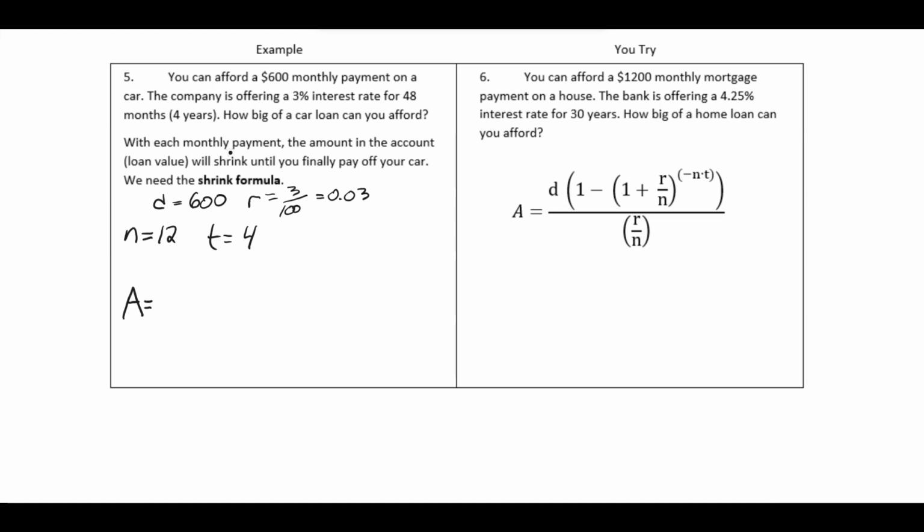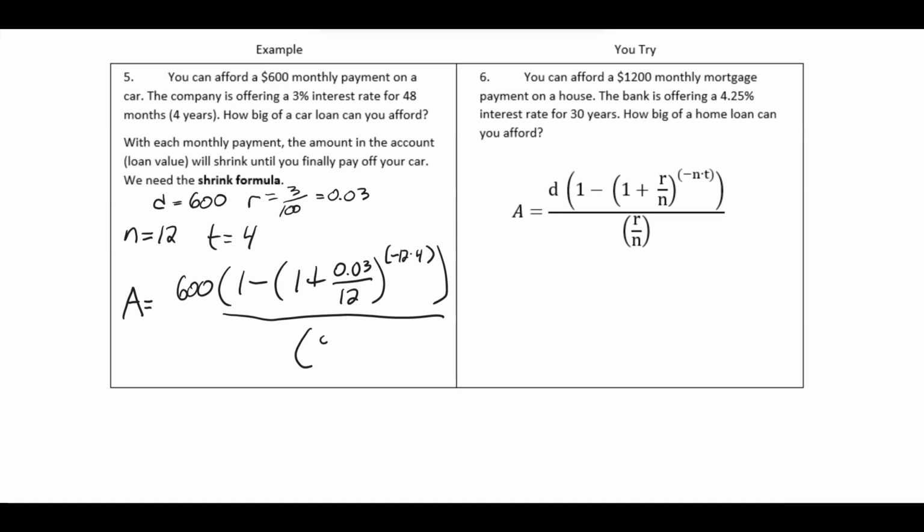So plugging this into our formula, we will find A, which is the amount you can afford in the loan, which is what they asked for, equals 600, parenthesis 1 minus, parenthesis 1 plus R, 0.03, over N, 12, parenthesis, to the exponent, and I have parentheses around the exponent to make sure the negative 12 times 4 gets computed before it's an exponent, and then divide by 0.03 over 12.